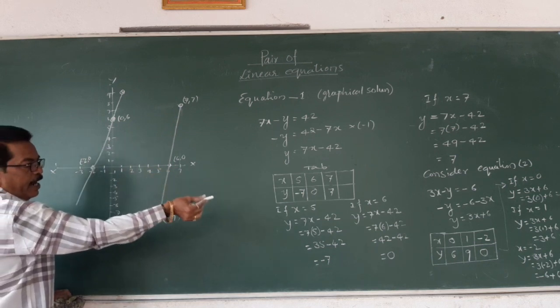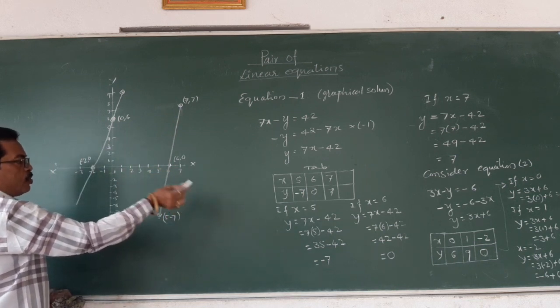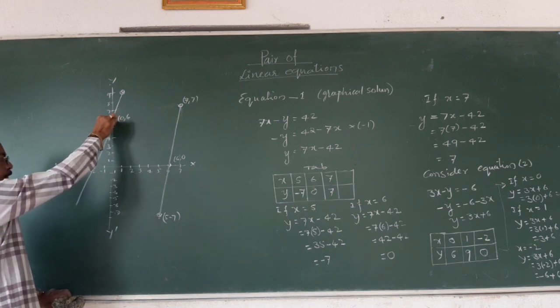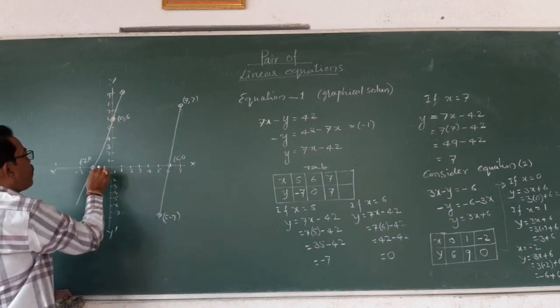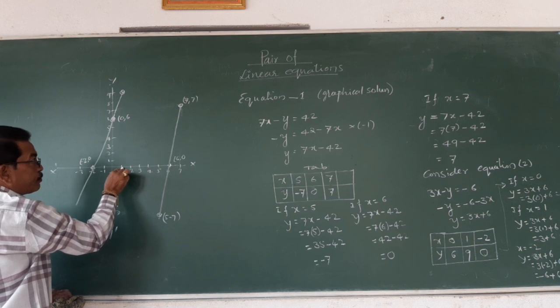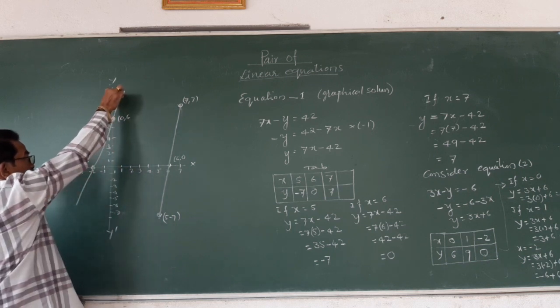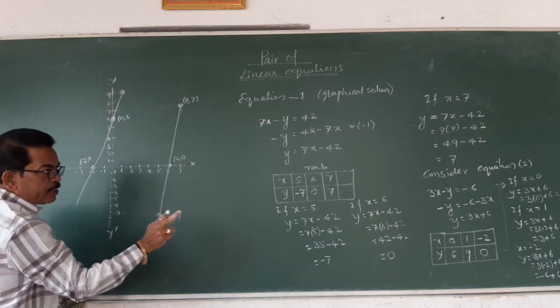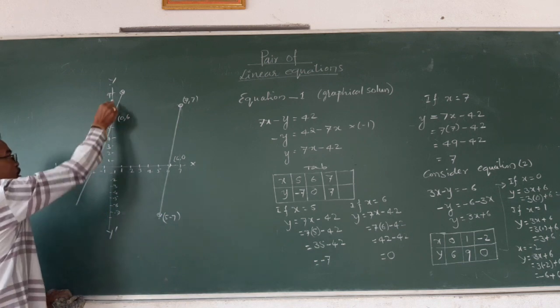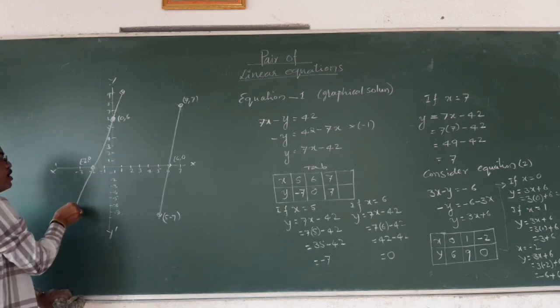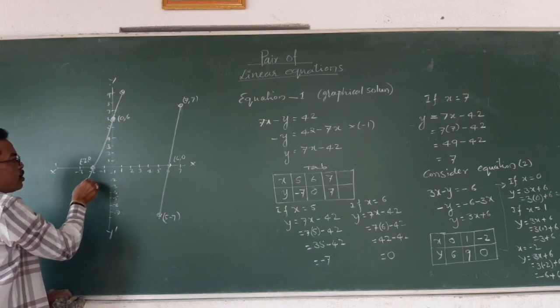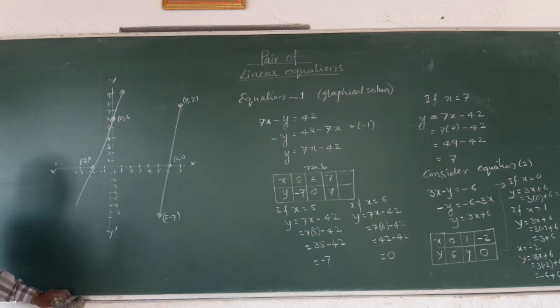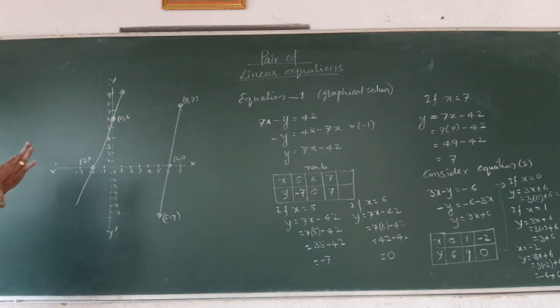Then in the second tabulation, we have x equals 0, y equals 6. Then x equals 1, y equals 9. Here we got that point. Then x equals minus 2, y equals 0. Here again we get one straight line. But no straight line is intersecting each other. So this is the graphical representation of that problem.